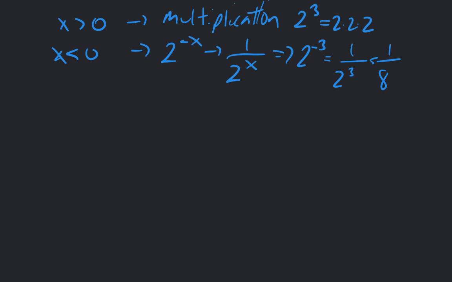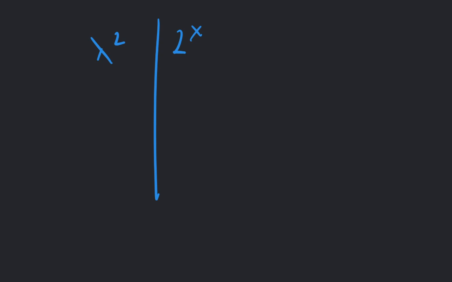For example, if we compare x squared versus 2 to the x, and we plug in values, say x is equal to 3, 5, and 10. This is 9, 25, 100.